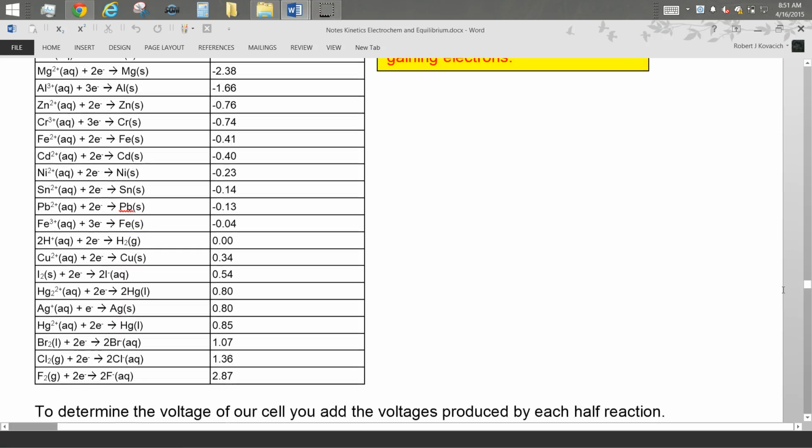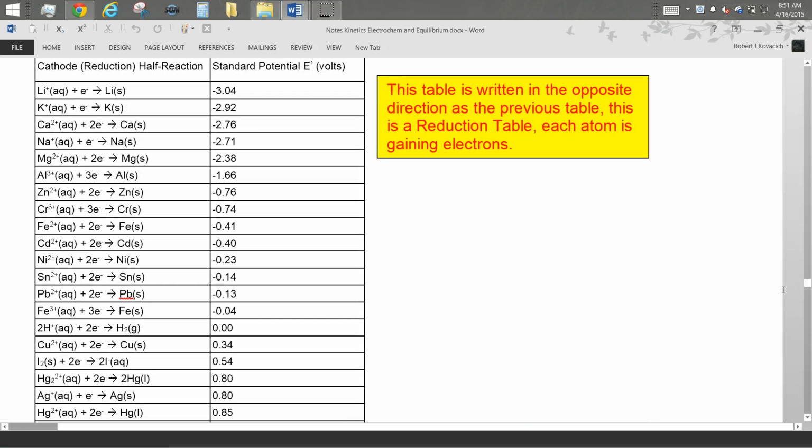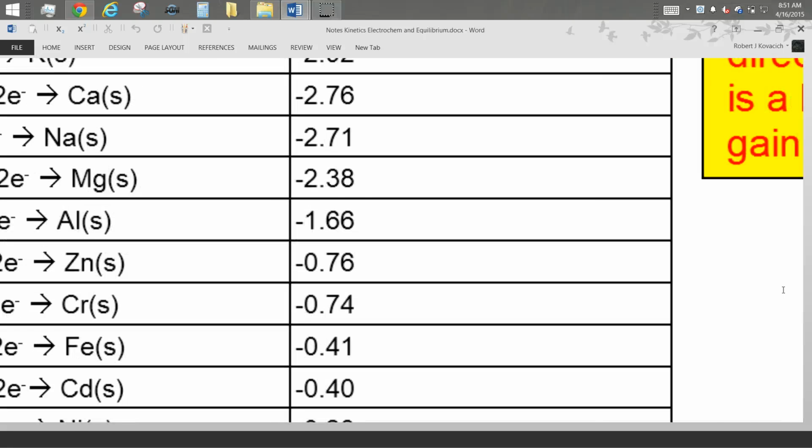So what we had was magnesium losing electrons. Do we have that here? We have magnesium gaining electrons. So if a magnesium atom were to gain 2 electrons, how do you get that to happen based off of this? You had to add that much energy.